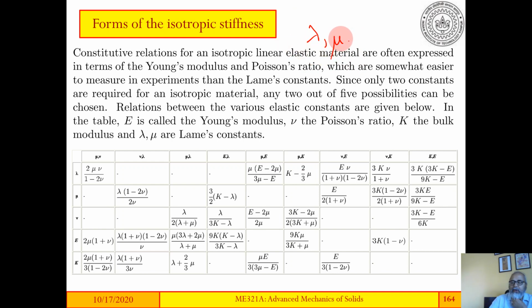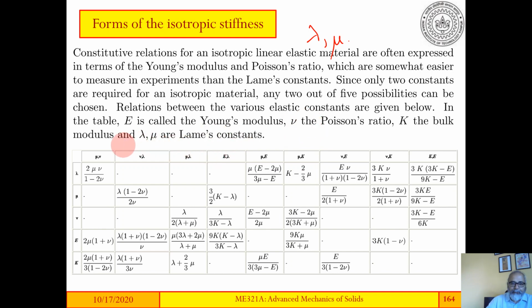We have standard experimental setups to measure the properties of a linear isotropic elastic material, and lambda and mu are not the best possible choices. There are other choices that we can use, and we have to have two numbers, and very often we need to convert between the different choices.